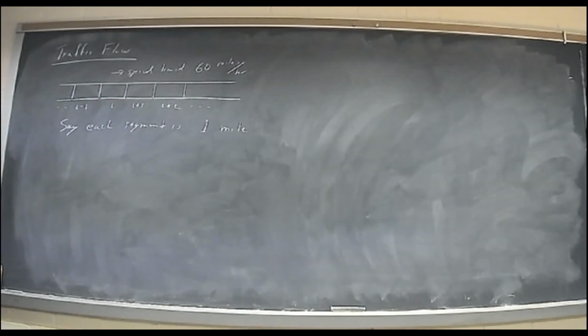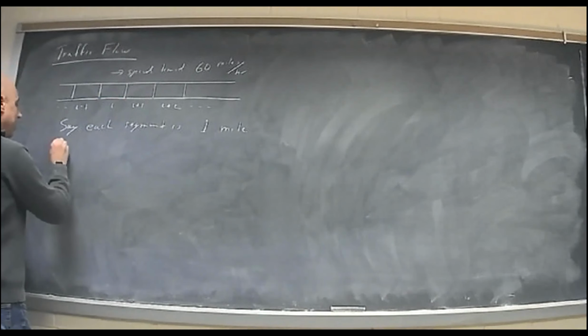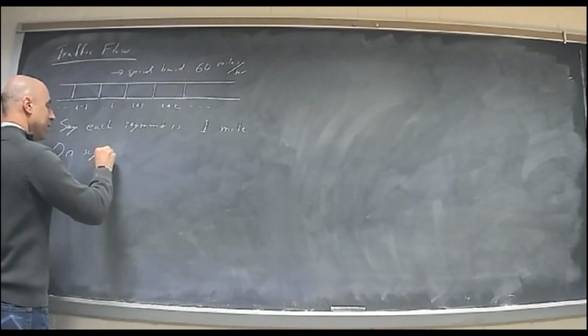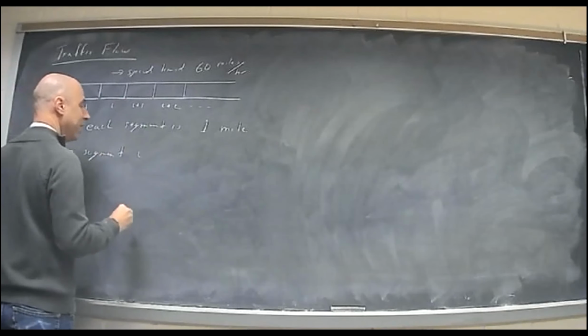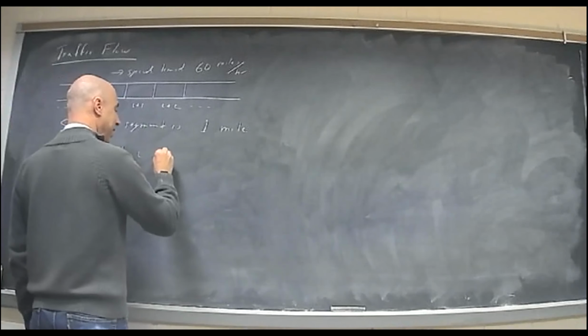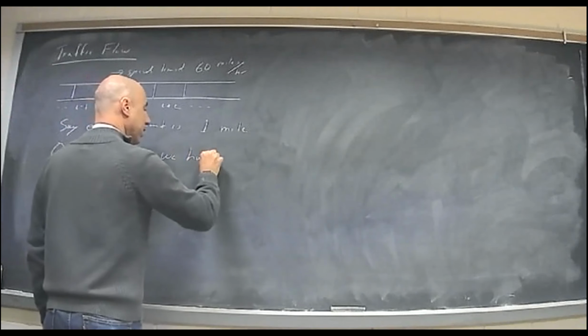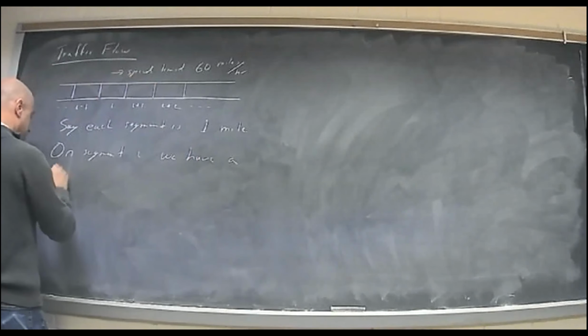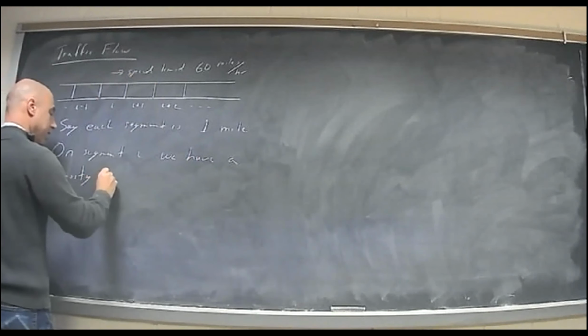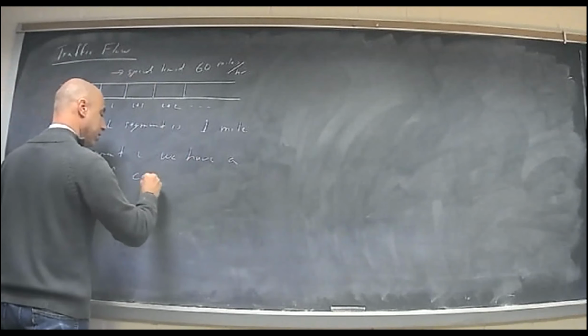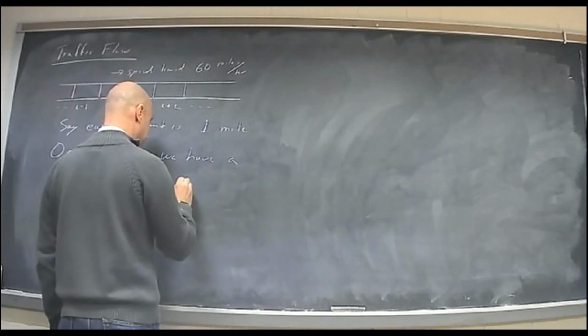And on each segment of the road, on segment I, we have a density of cars, measured in cars per mile.